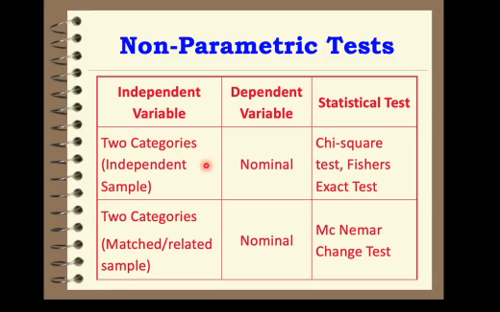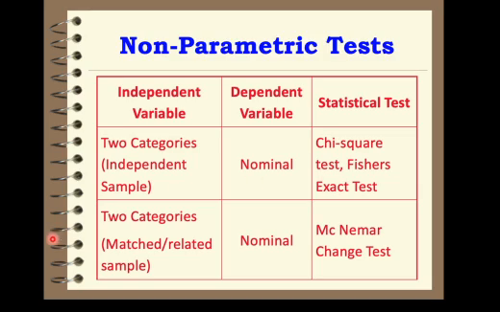And then the dependent variable has nominal scale of measurement that's also qualitative, and the statistical test to use is a chi-square test, because we told you that with chi-square we have both qualitative independent and dependent variables. And then we can also use the Fisher's exact test if the sample size is much too low.